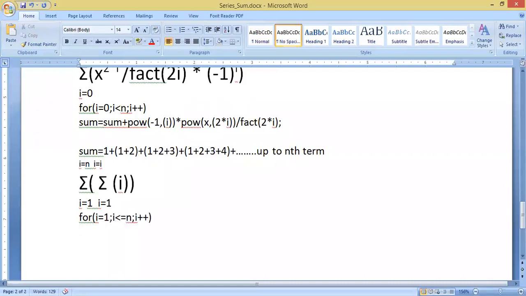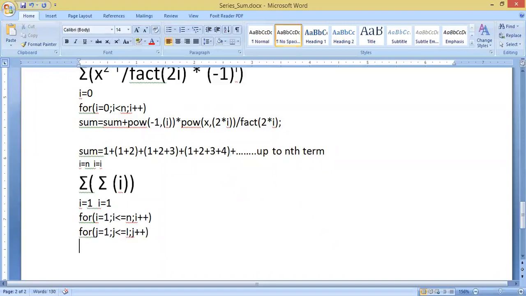Then for j is equal to 1. You should tell j over here also. Why did you tell me i for both? So j is less than or equal to i, j plus plus.